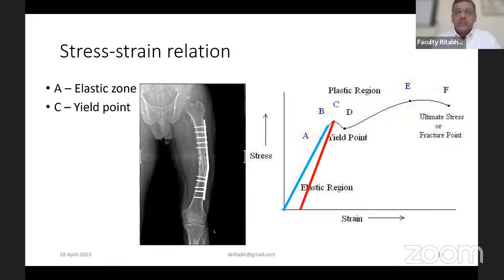So the implant is now not going to regain its original length. It will stay deformed. So on functional loading of this limb, muscle contraction, the deformation will markedly increase with a slight increase in stress, as can be seen from this graph. A slight increase in stress causes a marked increase in deformation. So this fixation is doomed to fail, because the implant is now in its plastic region.